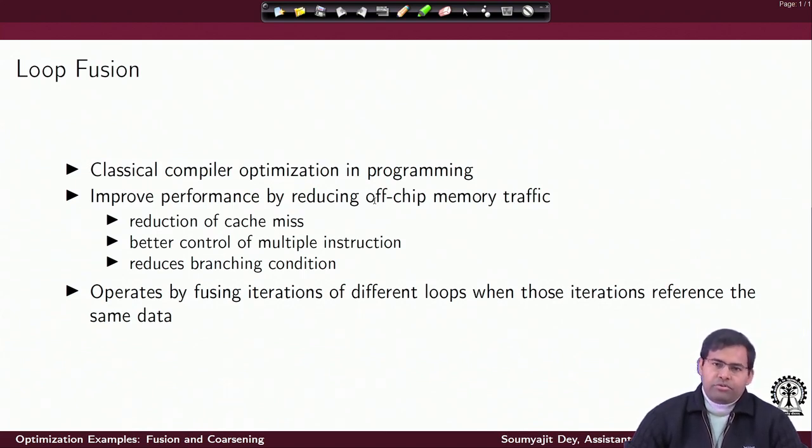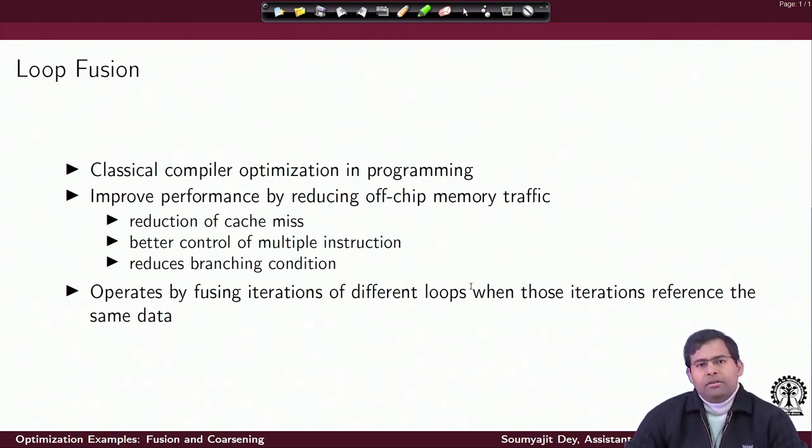Essentially, you reduce the number of accesses and you can reduce the cache misses. You can also obtain better control over multiple instructions, and it also helps in reducing the number of branch condition checks that are required, and we will see why that is so. We will just revisit this idea of loop fusion.